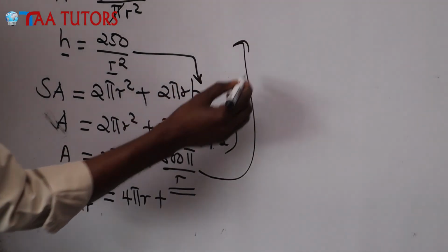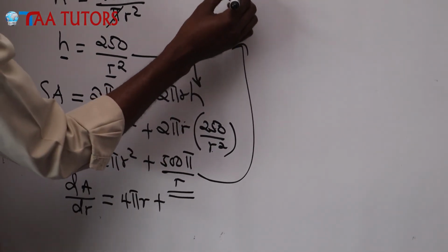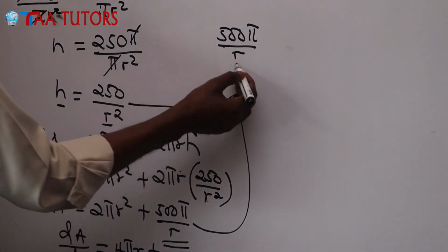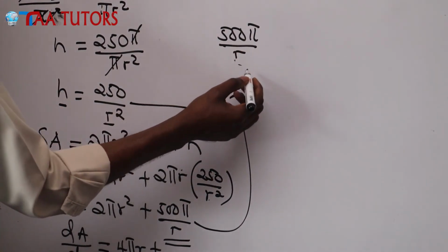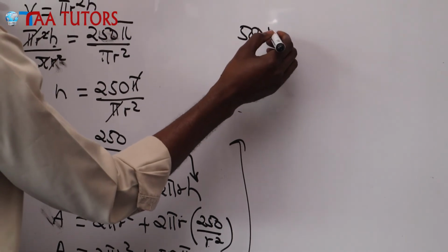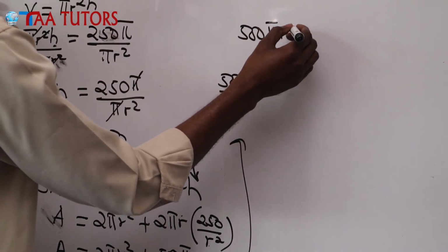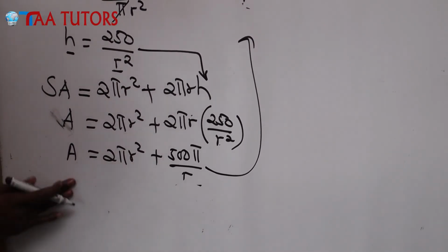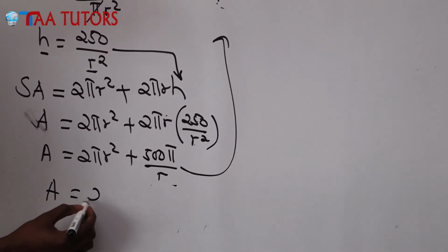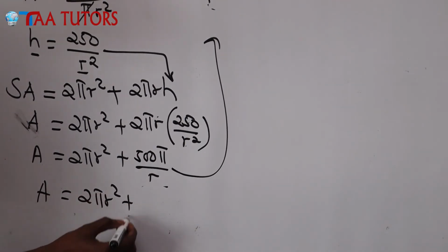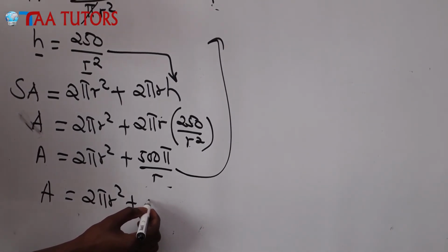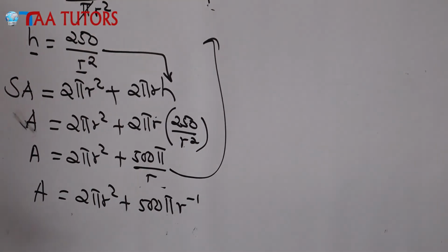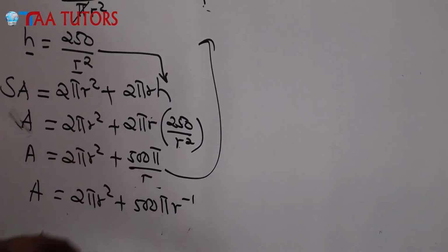If we have this 500 pi over r, we bring this r up: the reciprocal of r gives 500 pi r to the power minus 1. So before I differentiate, let me express it that way: 2 pi r squared plus 500 pi r to the minus 1, because we cannot differentiate when it's a fraction this way.